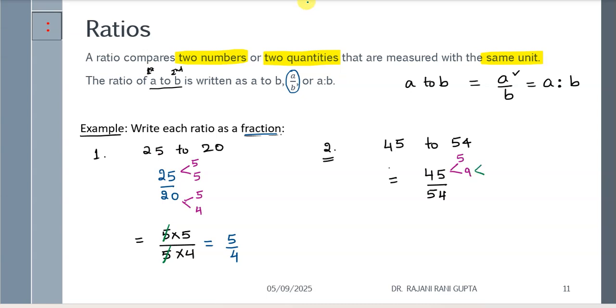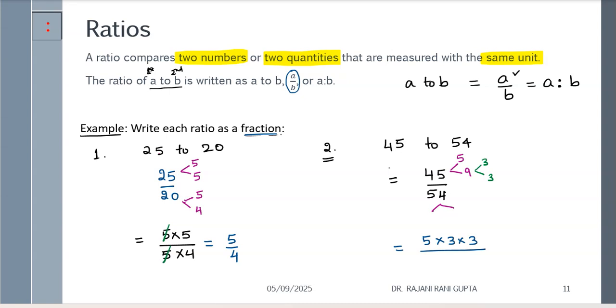Yes, 9 is 3 times 3. So now, you have to make factors of 54. Okay, you know that 5 is not there. So check if 9 is there. If 9 is not there, check if 3 is there, because for 45 in the next step we will be writing 5 multiply 3 multiply 3. So we have to cancel either 3 or 5.